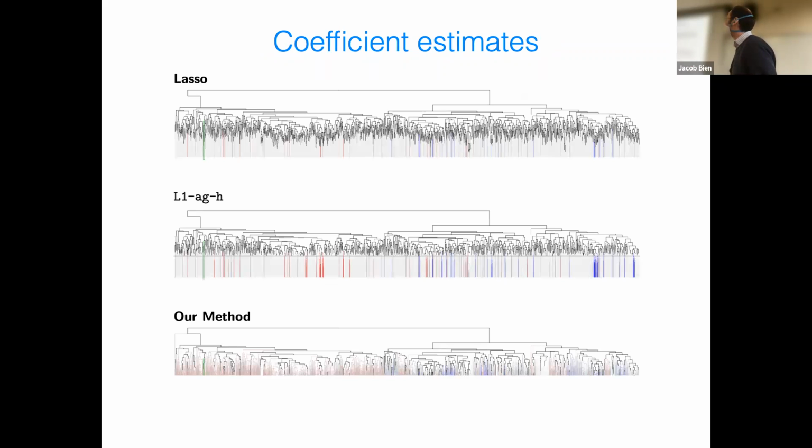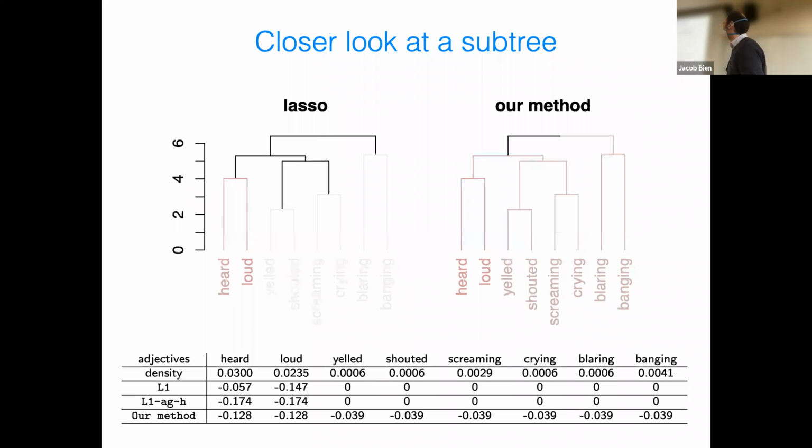You can see at a qualitative level, in blue and red, positive and negative coefficients. The lasso tends to give something that takes a small number of words, but what we'll find is they tend to never be the rare ones. And our method tends to give something where it's more like aggregating a lot of things together. Just to get a sense for that, here's one subtree where there were heard, loud, yelled, shouted, screaming, crying, blaring, and banging, all words you don't want to see in a hotel review.